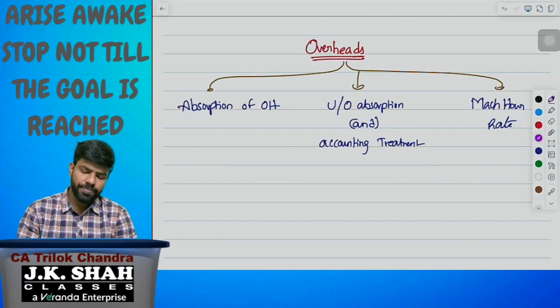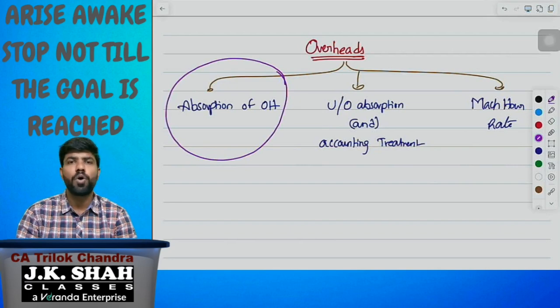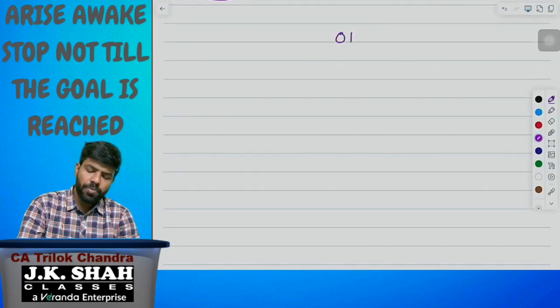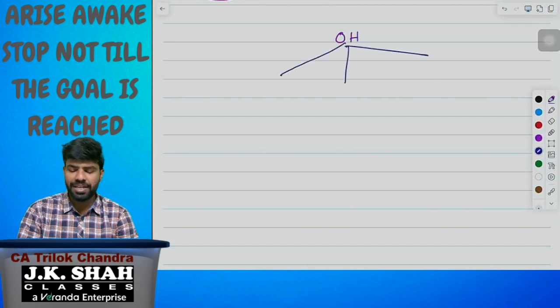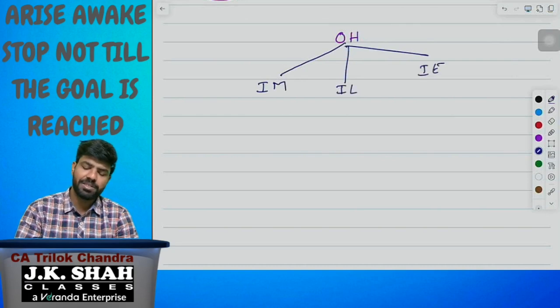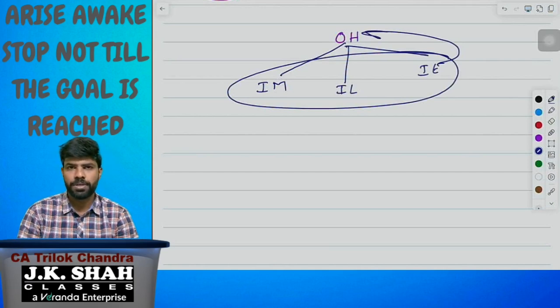In this video, we are going to discuss absorption of overheads. We all know that overheads is a sum of three elements: indirect material, indirect labor, indirect expenses. If you add these three, we'll call it overheads.